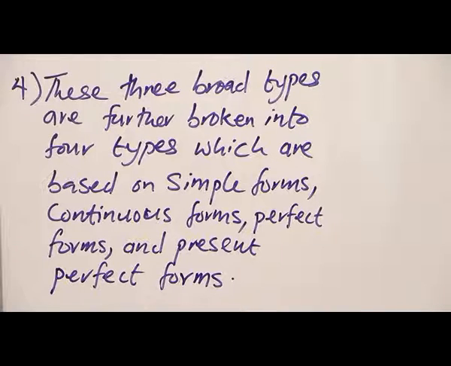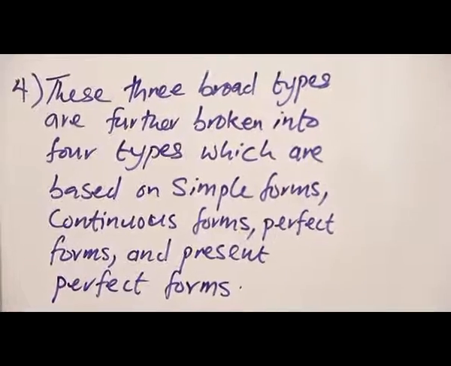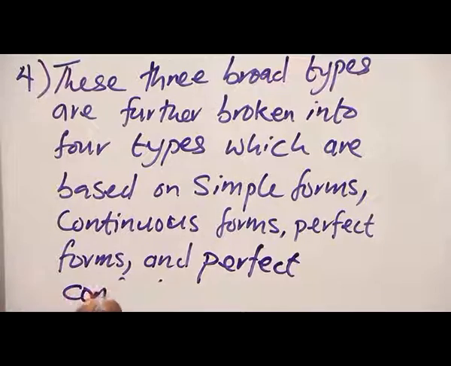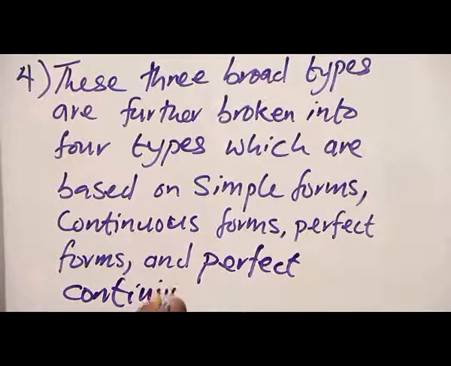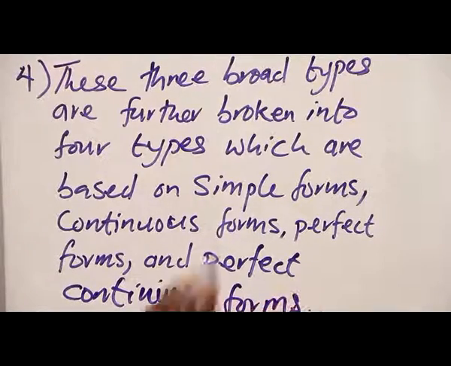Now, hint number 4. These 3 broad types mentioned in 3 are further broken into 4 types each, which are based on simple forms, continuous forms, perfect forms, and perfect continuous forms.